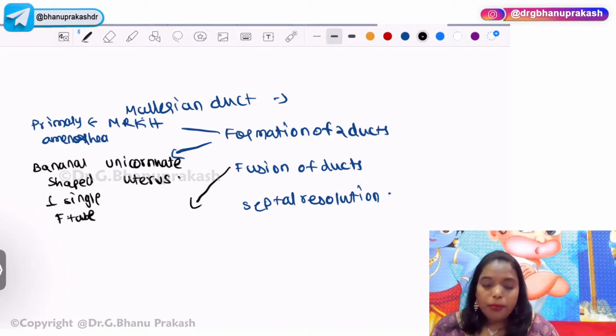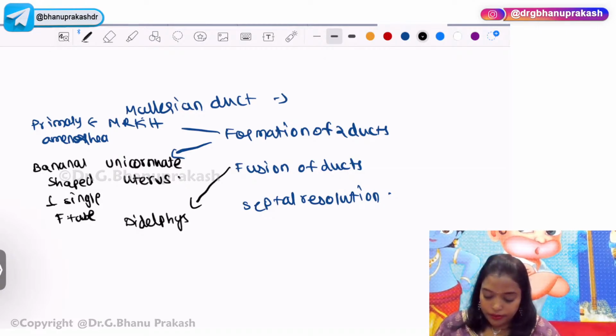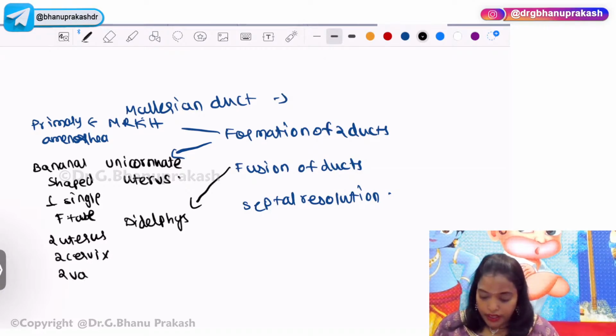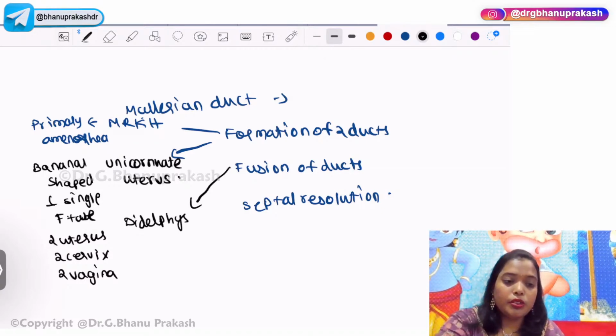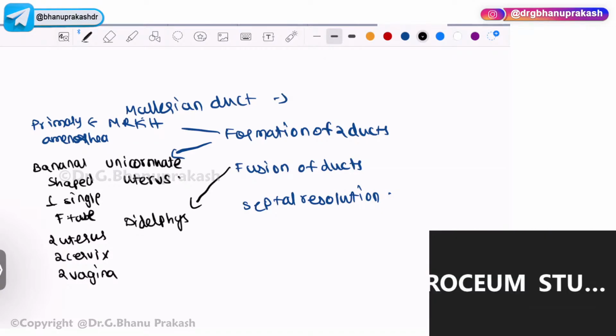Fusion defects: both ducts have formed but not fusing at all. Then it is called didelphys. Didelphys will have two uterus, two cervix, two vagina. Two uterus, two cervix, two vagina. Right?